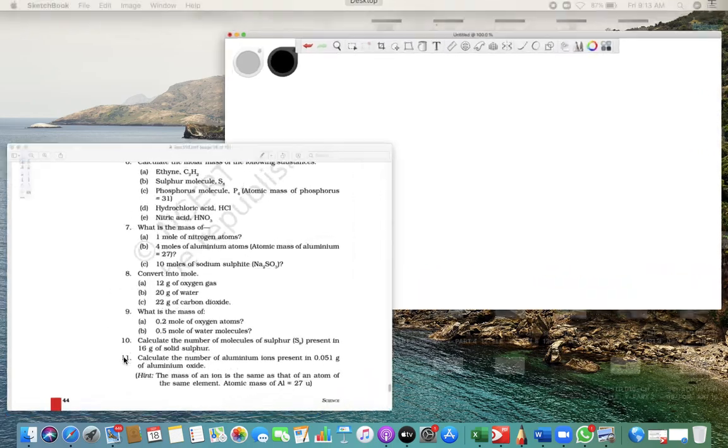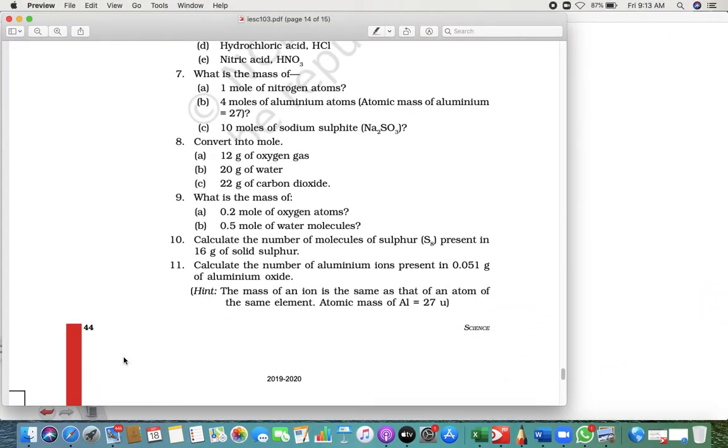Let's see next. Now they ask you to find out the mass. Again the same thing as what we found in question number 7. So it is 0.2 mole of oxygen atoms, so small n is given as 0.2 mole. Capital M for the oxygen atom is 16 gram.